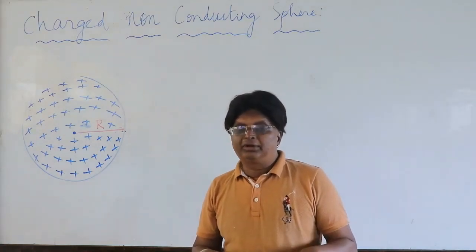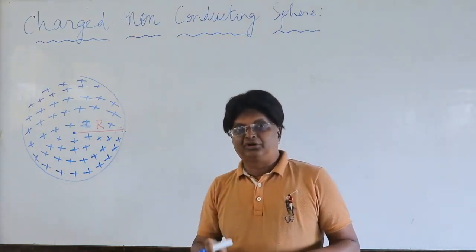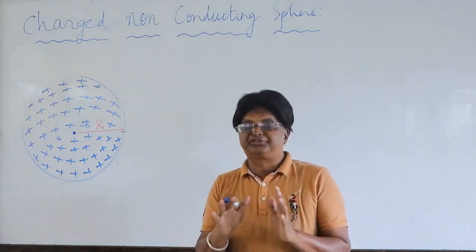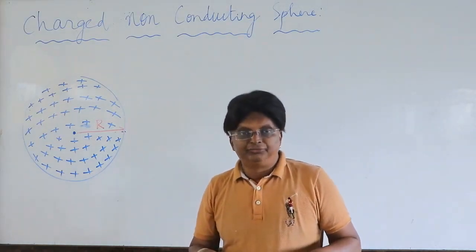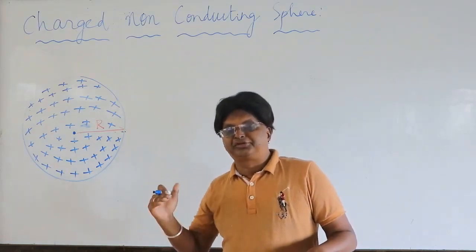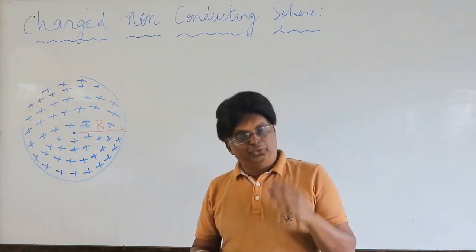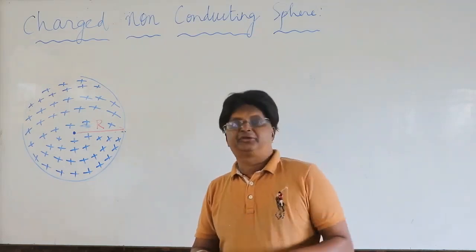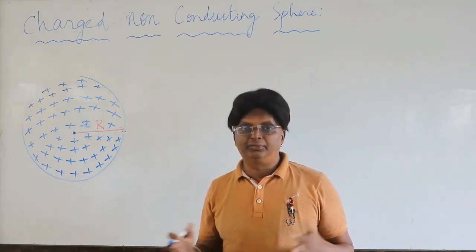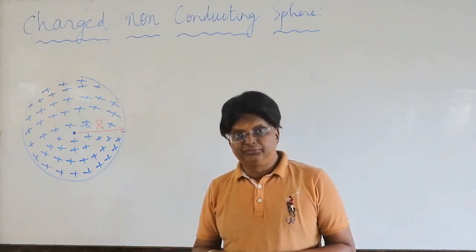Now, in the case of a non-conducting sphere, when it is charged, it will be the case of volume distribution of charge. No question of surface distribution of charge. Here again, different cases are possible, like uniform distribution of charge and non-uniform distribution of charge.